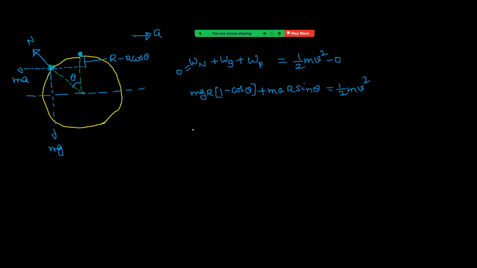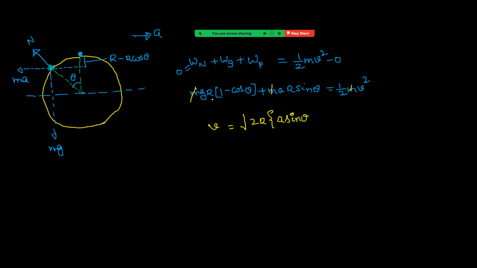Now see, we can cancel m. So v is square root of 2, and I can take r outside, 2r. Remaining is now, I have taken 2 outside, it is a sine theta.